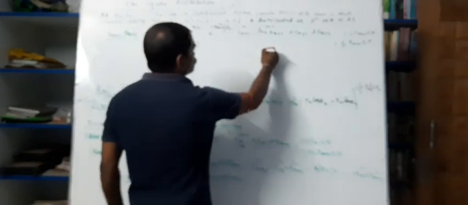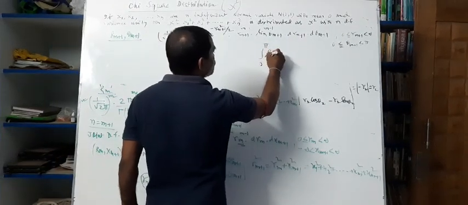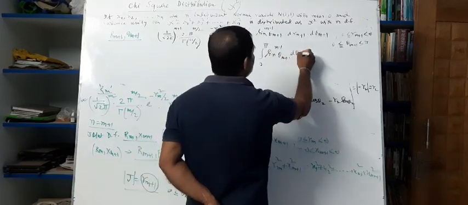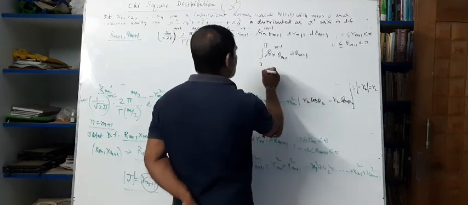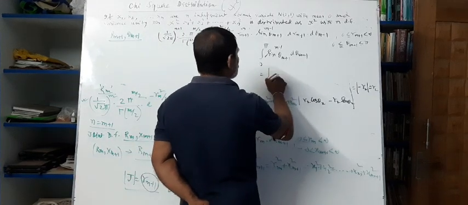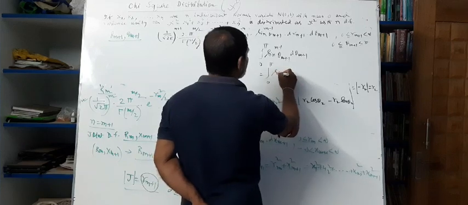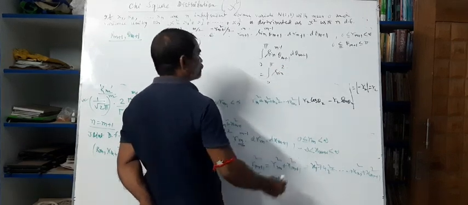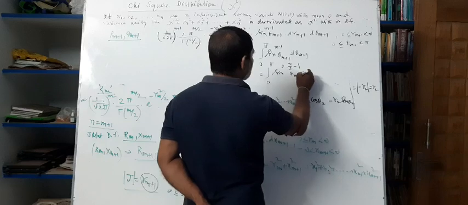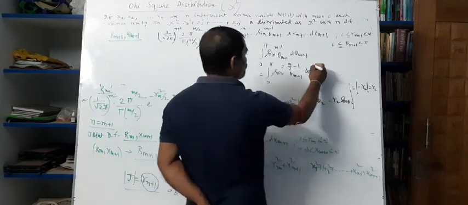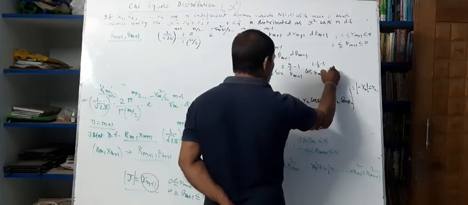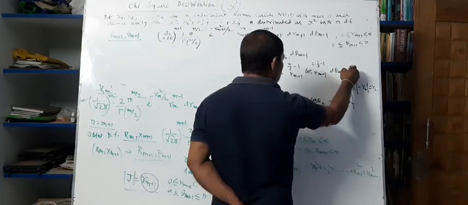So the integral from 0 to pi of sine to the power m minus 1 theta m plus 1 d of theta m plus 1 can be written as the integral from 0 to pi of sine to the power 2 into m by 2 minus 1 theta m plus 1 cos to the power 2 into half minus 1 theta m plus 1 d of theta m plus 1.